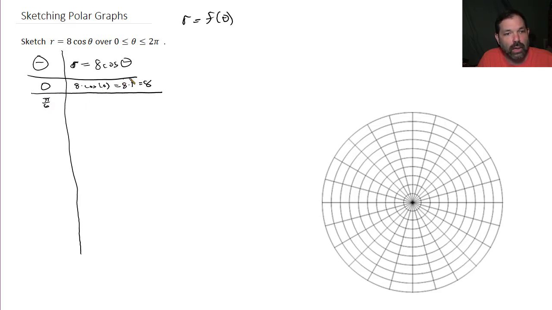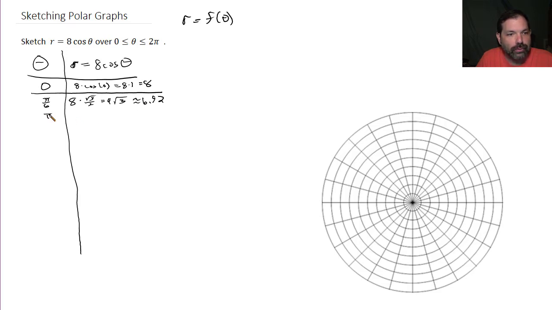The cosine of pi over 6 is root 3 over 2, so that's 8 times root 3 over 2, so that's 4 times the square root of 3. Now, even on a basic calculator, we can calculate the square root of 3. It's about 1.732, so if we approximate this, 4 times 1.73, that's 6.92.